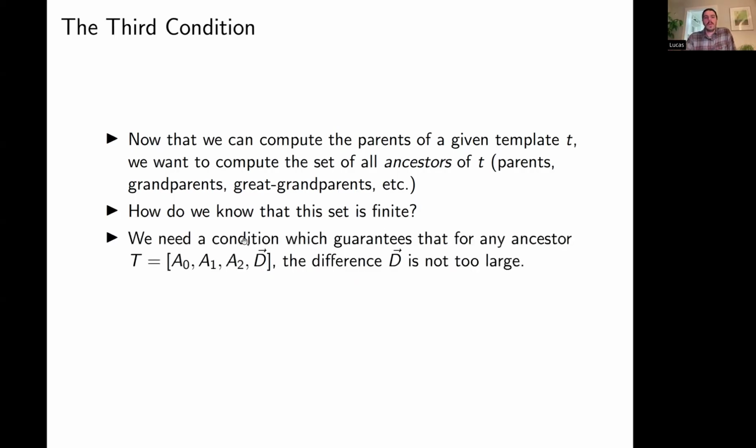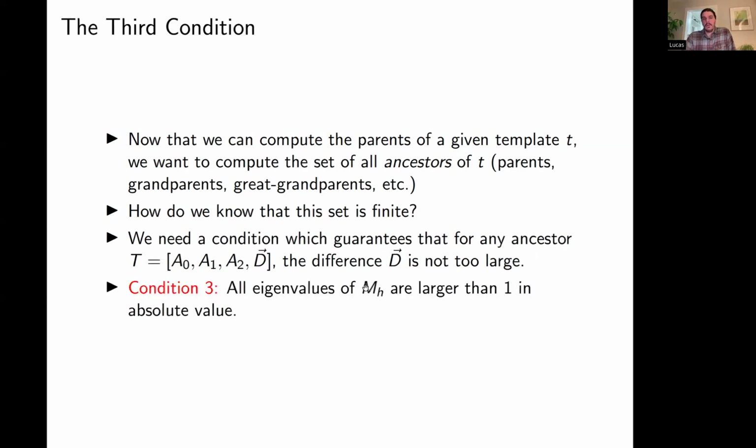But what we need is a condition which tells us that for any ancestor, this difference, big D, is not too large. And one condition that works is that the eigenvalues of the matrix are larger than 1 in absolute value. The reason this works is that when you apply H, you're blowing up differences in the lengths and the sums.